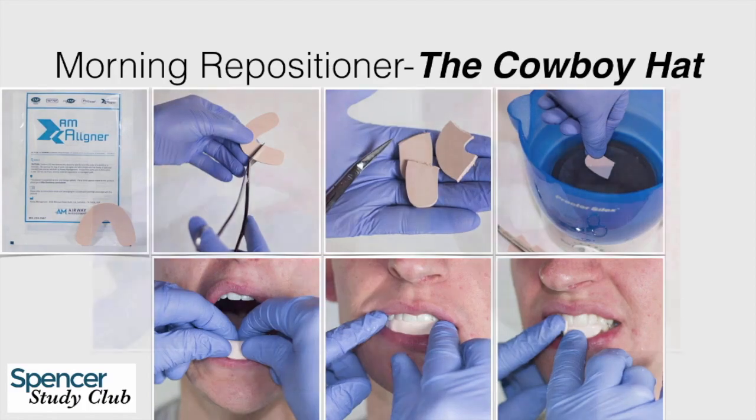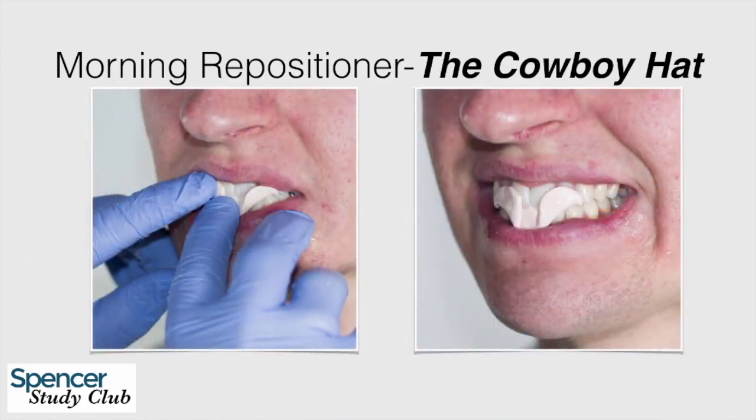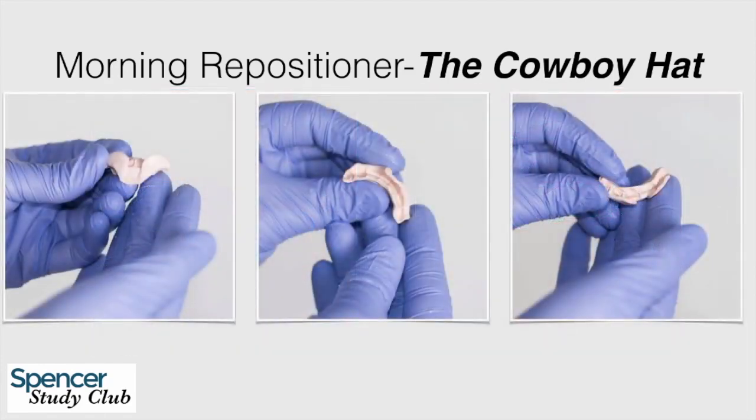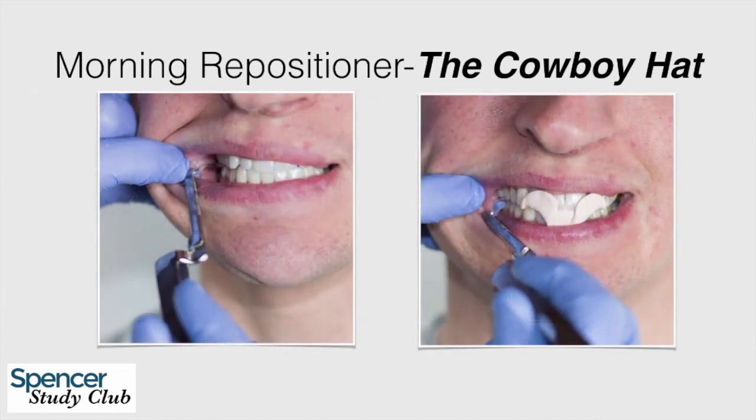So you heat it up, stick it on the lower teeth, bite down. And the cowboy hat part is you push up the corners, you push down the center, push up the sides, and it ends up looking like a cowboy hat, kind of an inverted cowboy hat there. And the same thing, once we get done, we have a record of the lower teeth, the upper teeth. We know that the posterior teeth are in occlusion because we checked with the shim stock. This is a great way to do your morning repositioners.